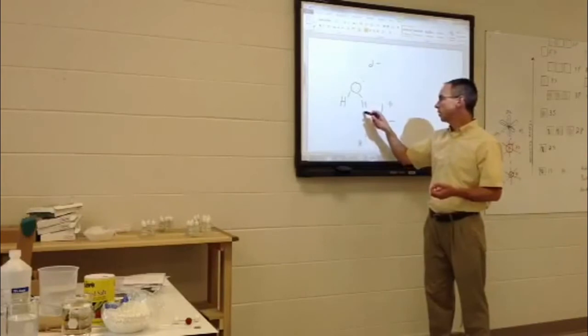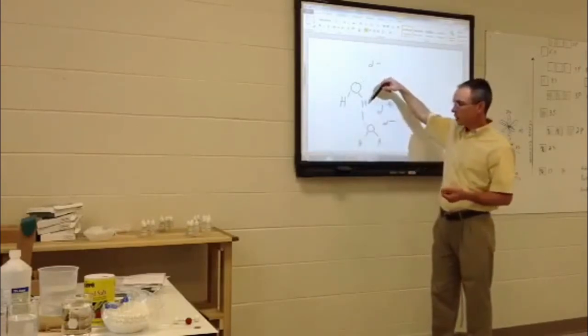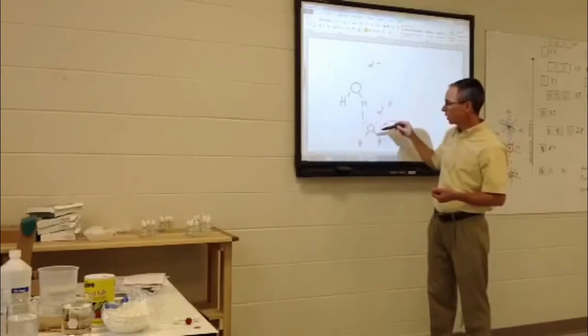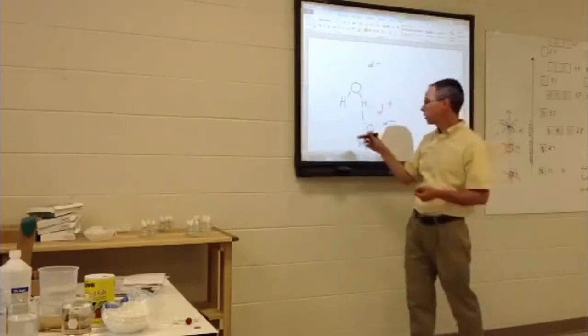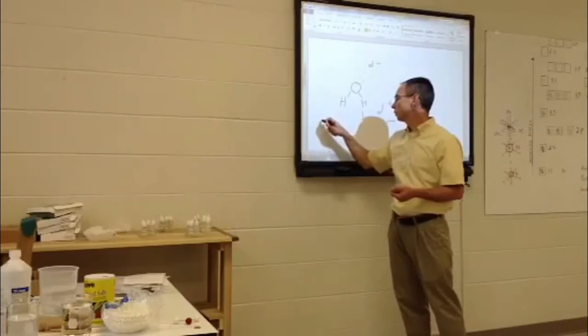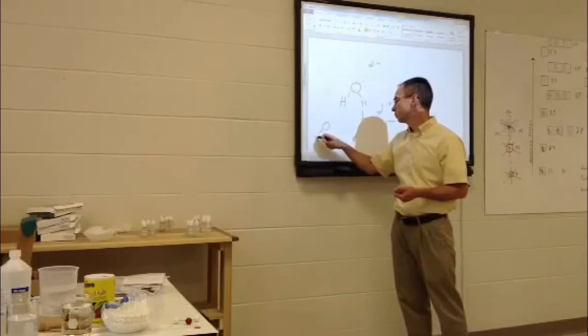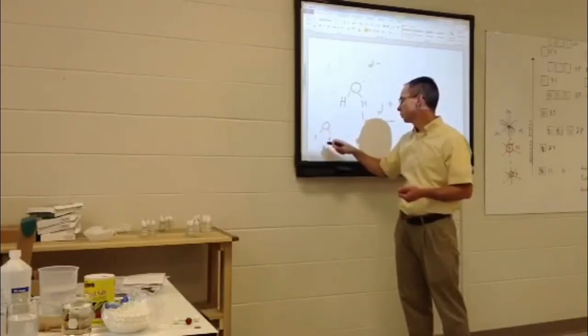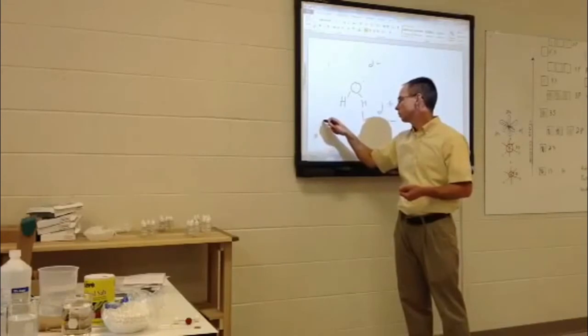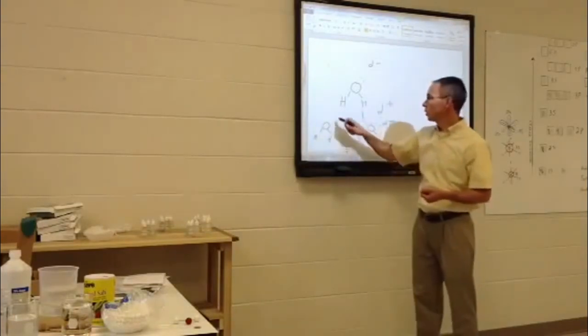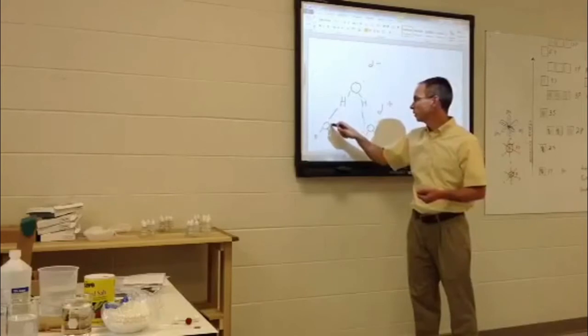So there's going to be a bond that forms there. Let me draw it like that, between the partially positive side of this water molecule and the partially negative side of this water molecule. Likewise, another one can form to another water molecule. So you get another hydrogen bond forming here to these pairs.